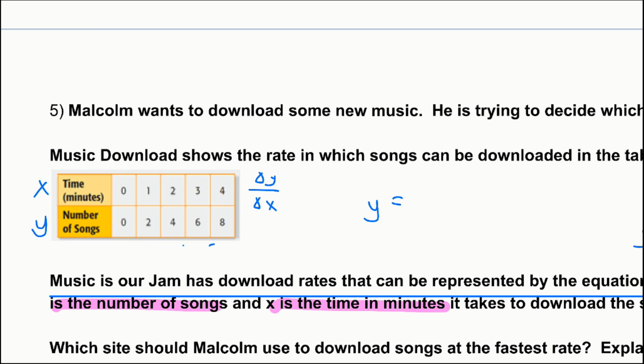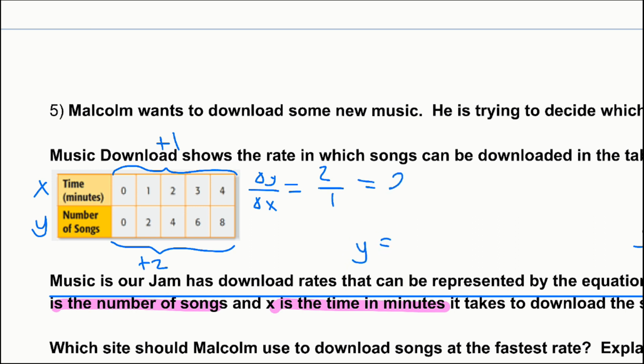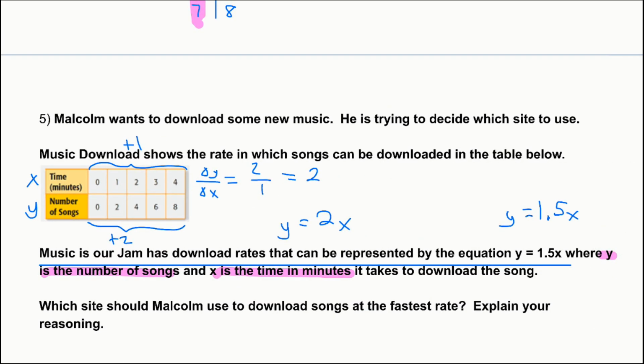All of these are plus 2. So my change in the y values is 2, my change in the x values is plus 1, and 2 over 1 gets me a rate of change of 2. So our equation is 2x for this music download, right?